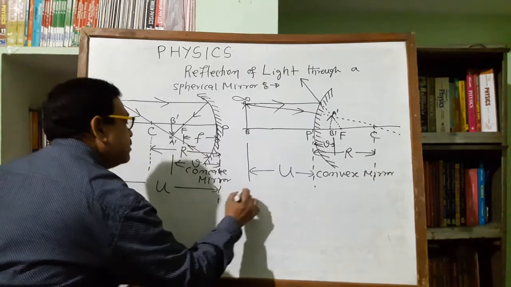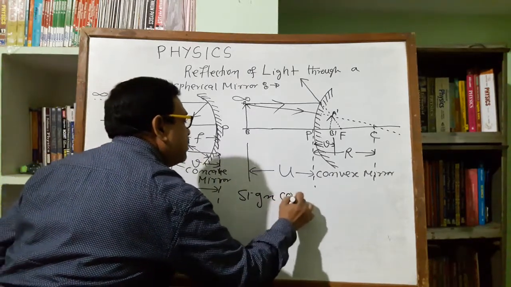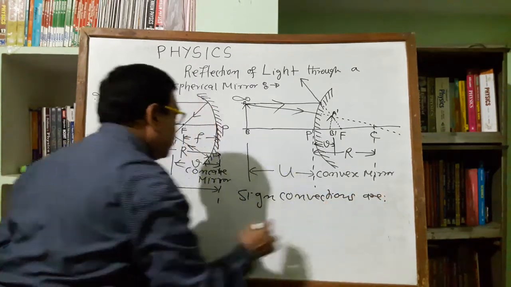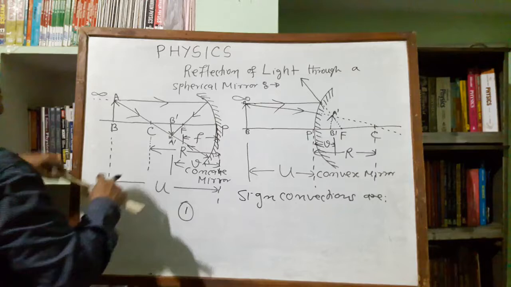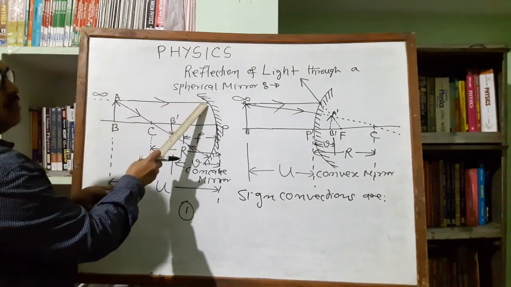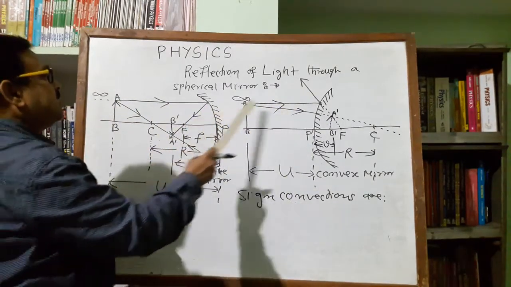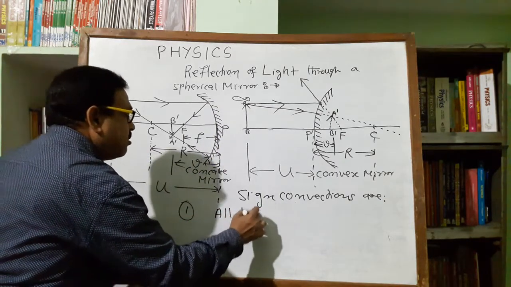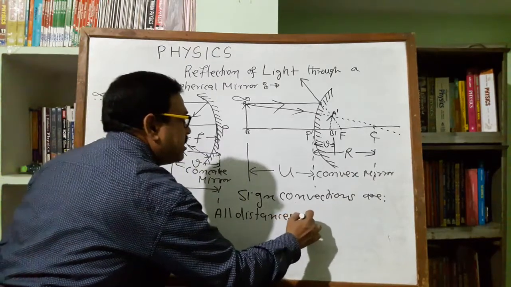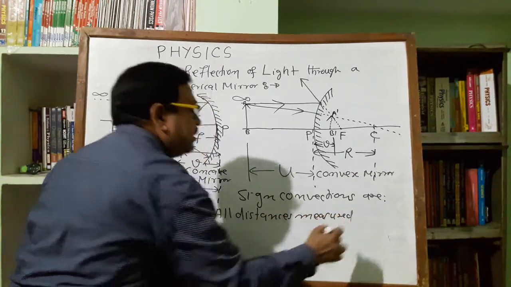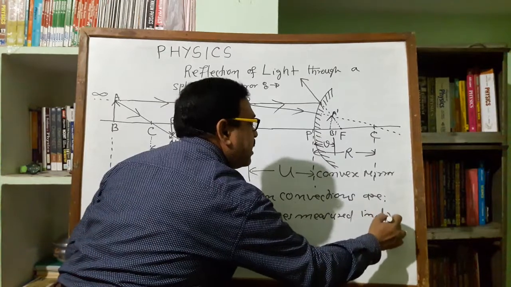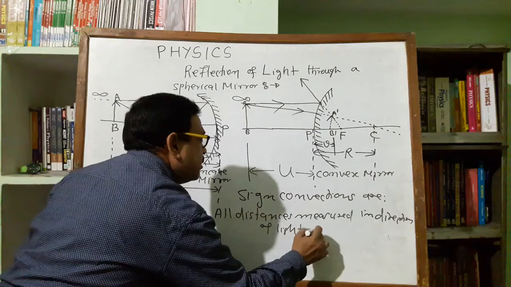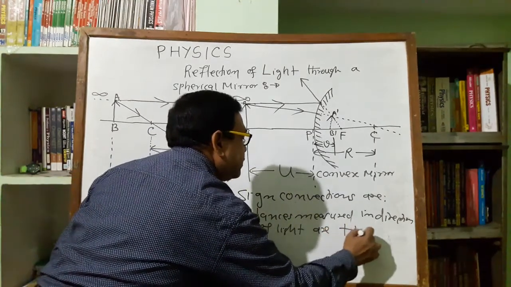According to the sign convention, the important rules are: number one, for any kind of mirror, all the distances measured in the direction of light are taken positive.